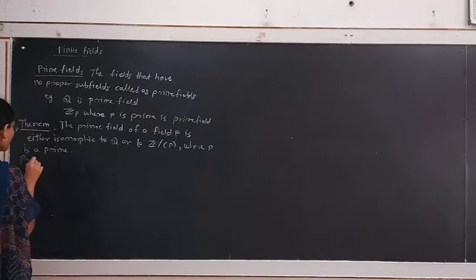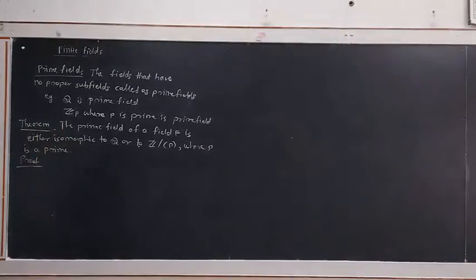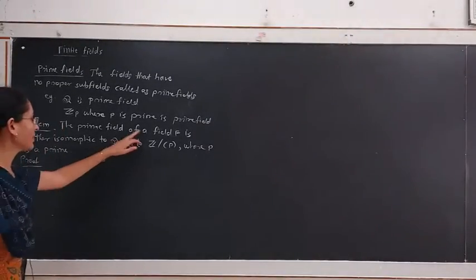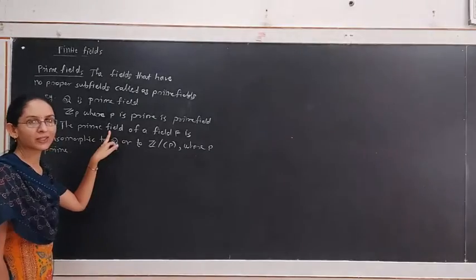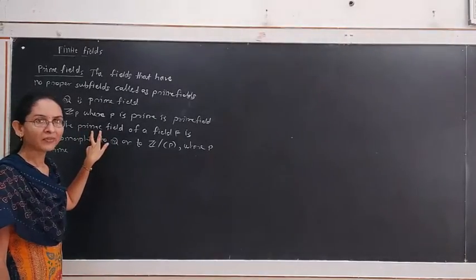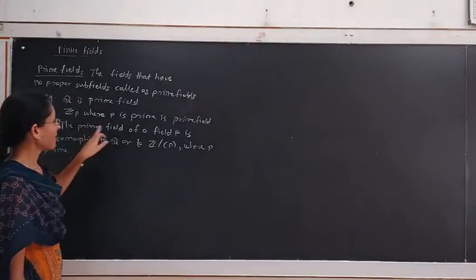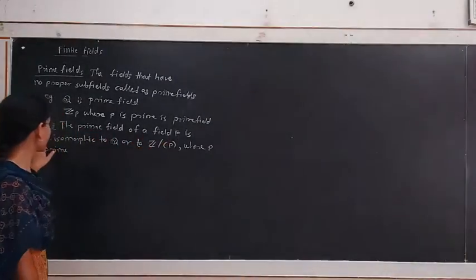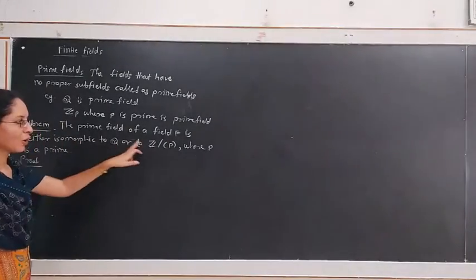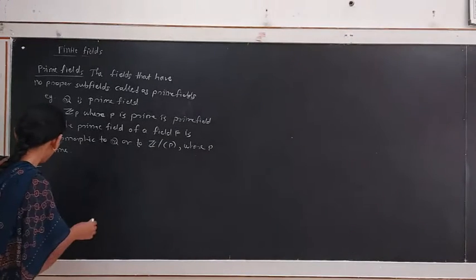Proof. We have to prove that the prime field of a field F, which we consider as the prime subfield, is either isomorphic to Q or isomorphic to Z_p, where p is a prime number.